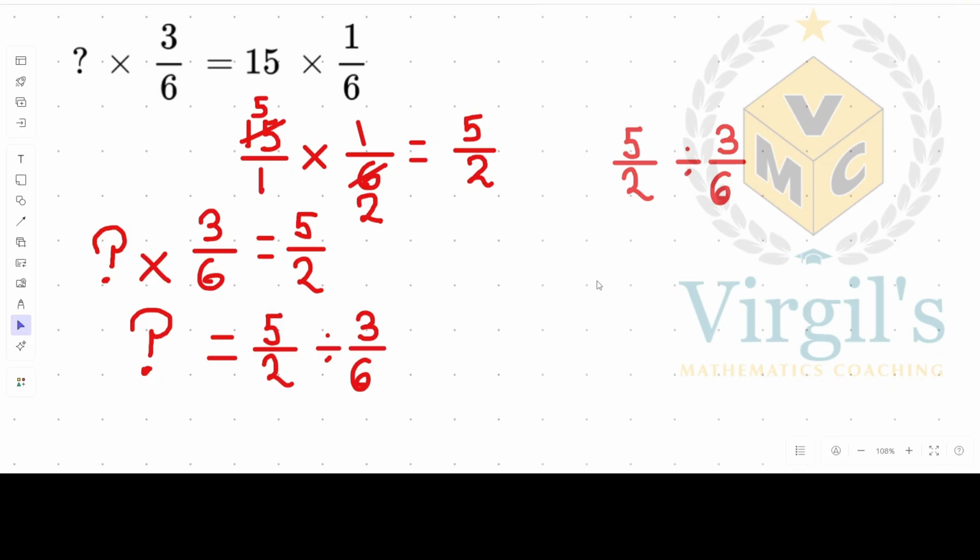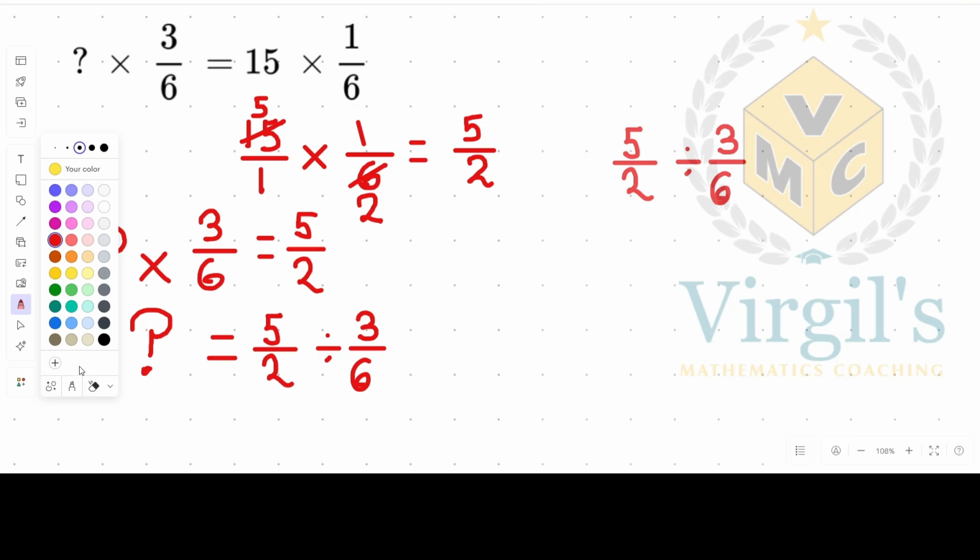So when we're multiplying fractions, all we have to do is a few steps. So it'll be 5 over 2. We change the divide to a multiply. And then you flip whatever you're multiplying by. So if you read this out, it'll be 5 over 2 divided by 3/6.